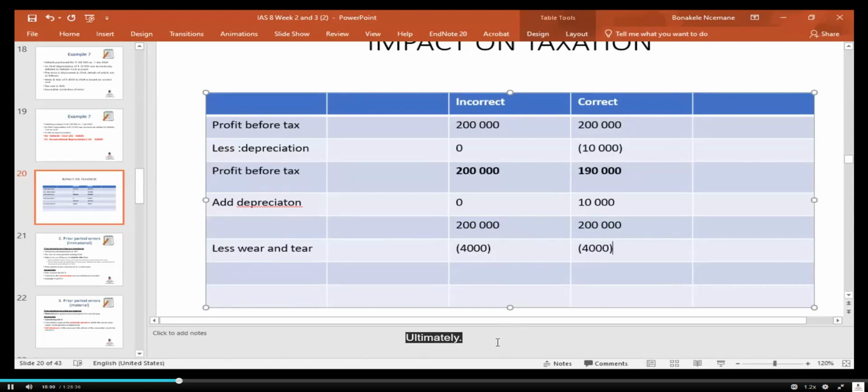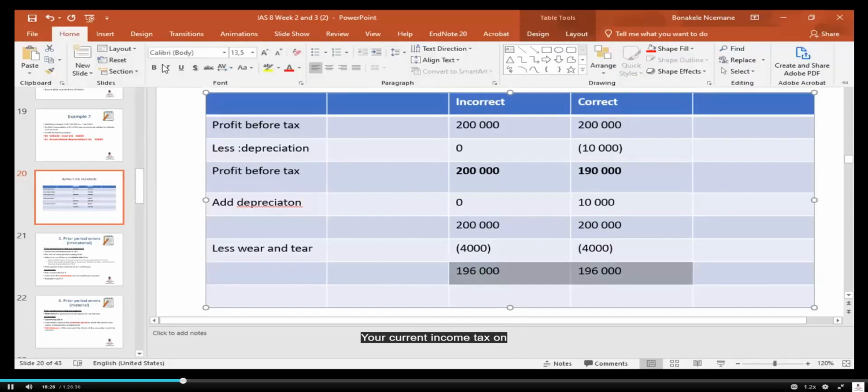So ultimately, how much would you have had at the end? You would have had 196,000, from which you are going to use to calculate your current income tax. So your current income tax on both sides would have been based on 196,000.